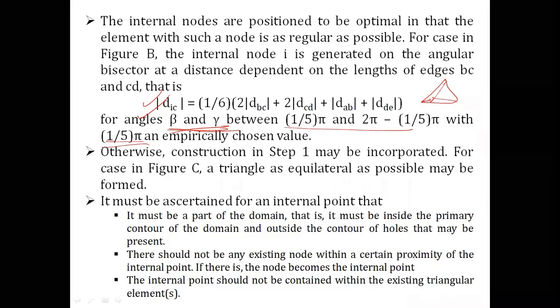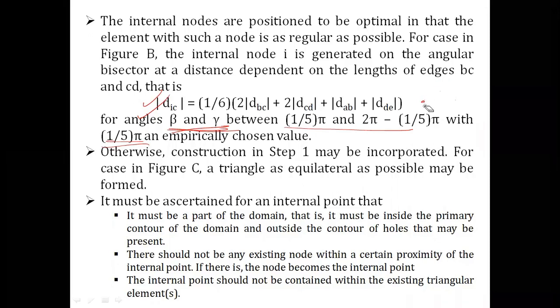So I need to define a proper condition for adding a new point. I simply cannot put a new point which is very close to an already existing node. So that I have to keep in mind.